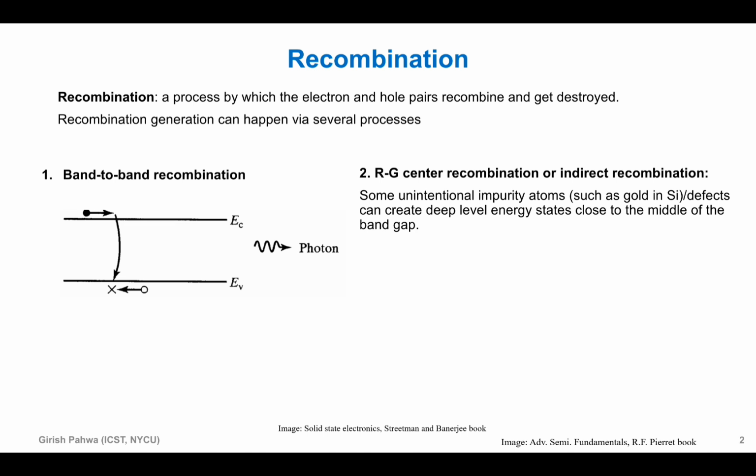You have a perfect periodic crystal, but there can be some impurities, some defects. All of those discrete dopants, those dopants are of course intentional. When you put the dopant, you want to create the electron and hole density, but in addition to the dopants, there can be some unintentional dopants also, unintentional impurity atoms.